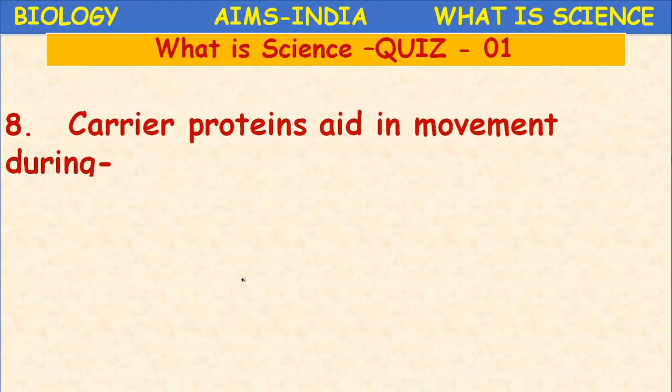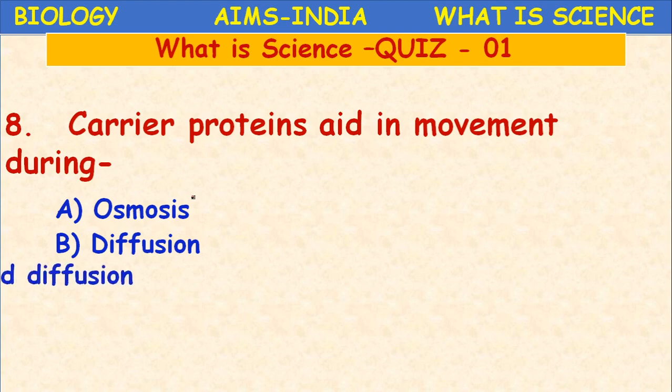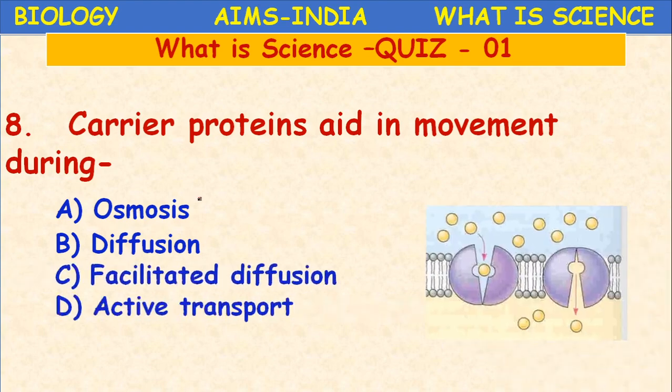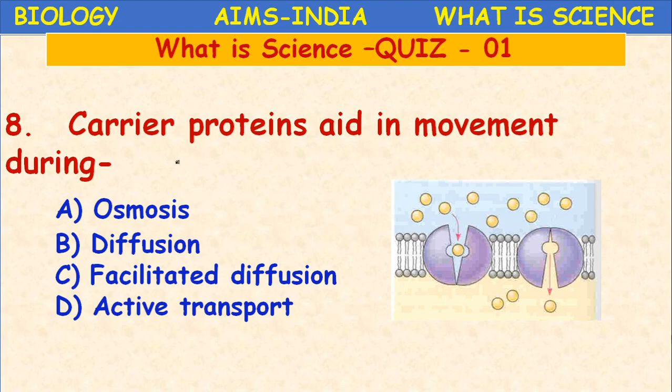Next, carrier proteins aid in movement during osmosis, diffusion, facilitated diffusion. Here also it is an image based question. Carrier proteins are special protein structures. The carrier proteins aid in the movement during... what is this process?